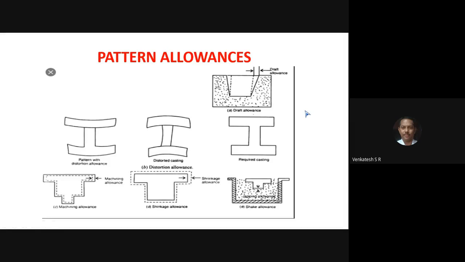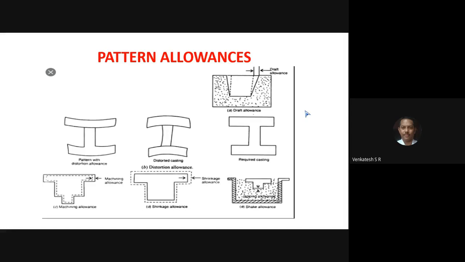Like that, you have a lot of options. According to that, you have to consider a number of factors for different types of material. Among the different types of material, we have a lot of materials.